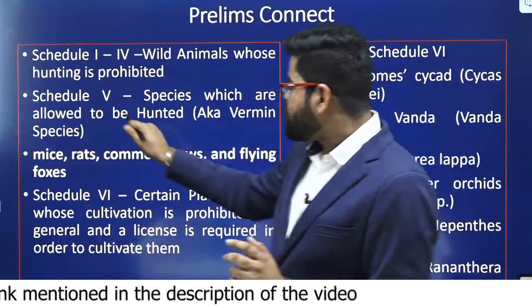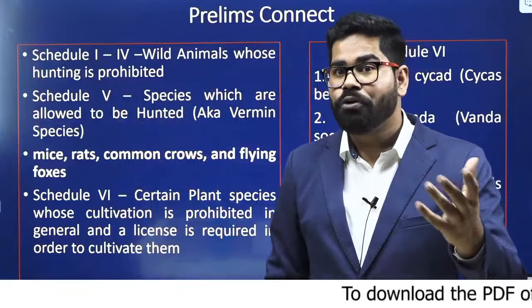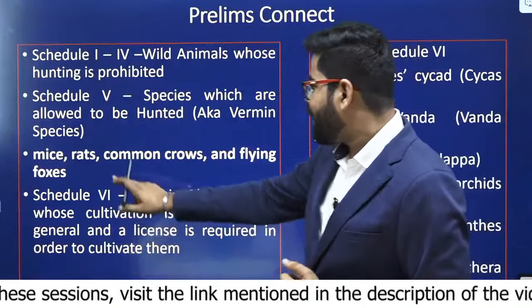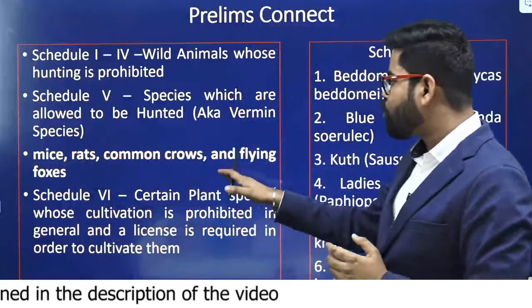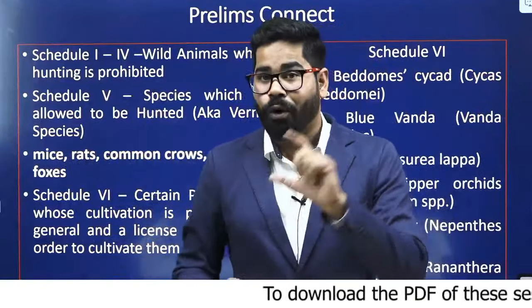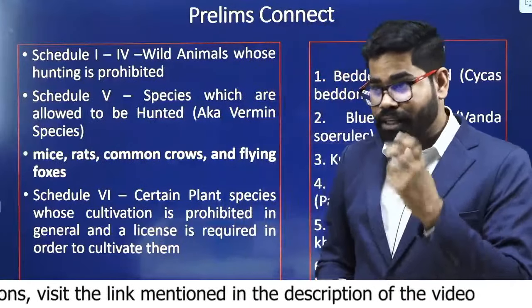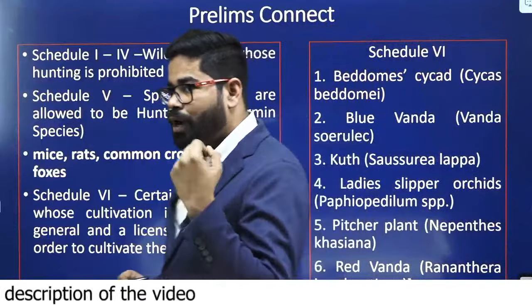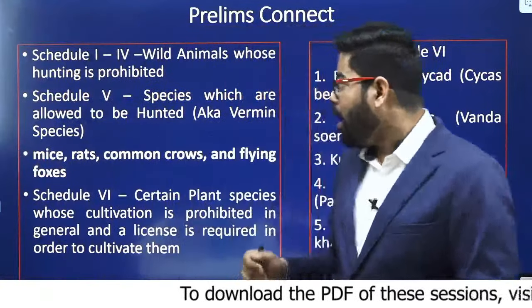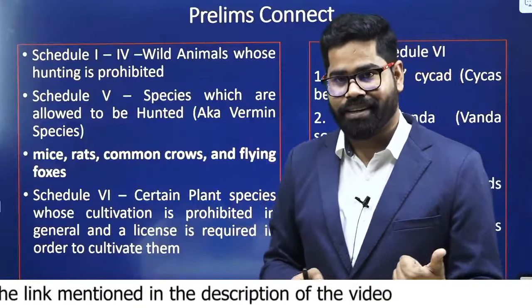Then Schedule 5 contains those species which are allowed to be hunted by common people. Here we have things like mice, rats, common crows, flying foxes. These species are also called vermin species. Now, from time to time, certain species can be declared as vermin species. The question is, who can declare it?